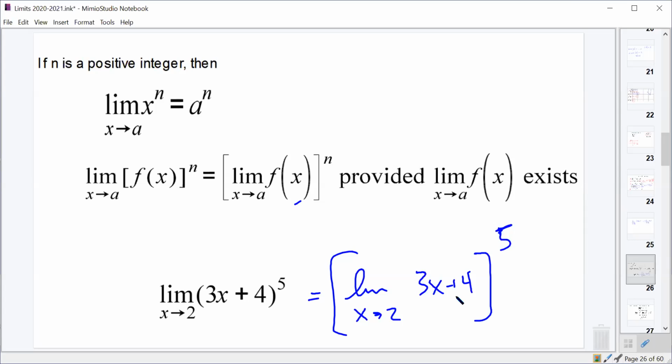Once again, doesn't seem real exciting with these simple binomials that are being raised to powers, but when we throw trig functions in there, it's going to be a necessity. Any questions on that one?